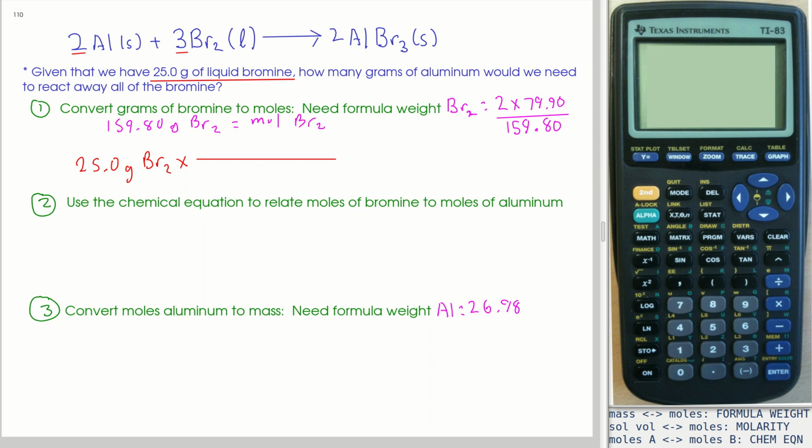So I put the formula weight in conversion factor form here, to make it a little easier to use. I want to get rid of the grams of bromine, so put the gram part of the factor, 159.80 grams of bromine, on the bottom. Put what it's equal to, moles of bromine, on the top.